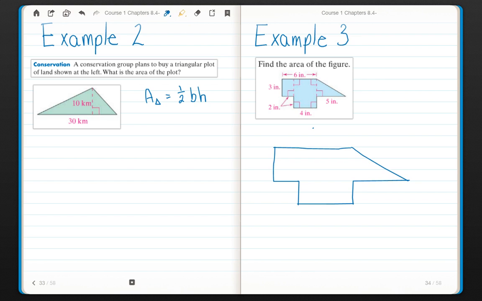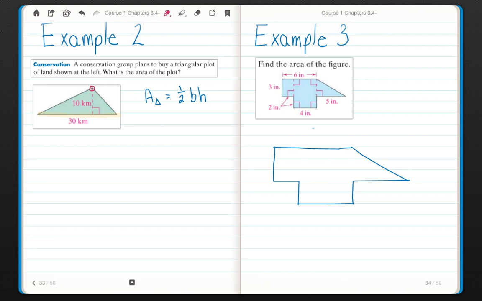For this triangle here, we're using this side as the base. The height, just like the height of a parallelogram, is the vertical distance from the opposite point up here.